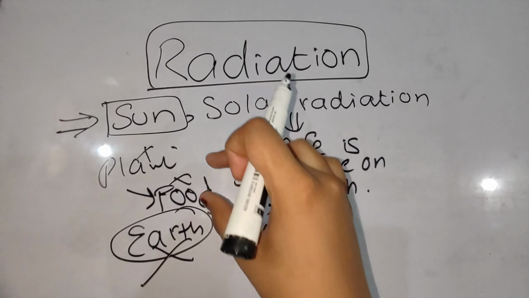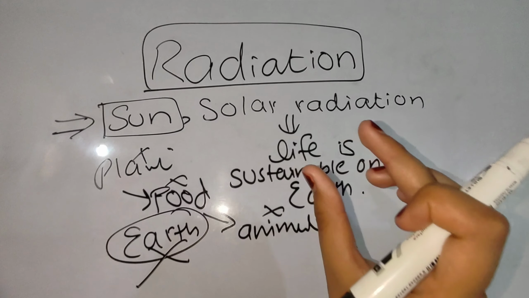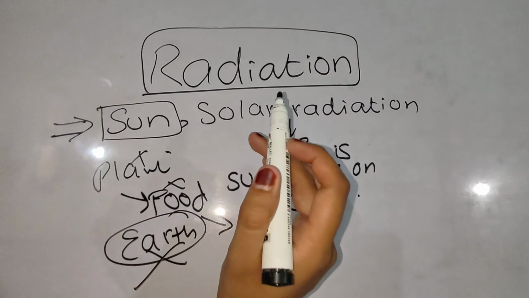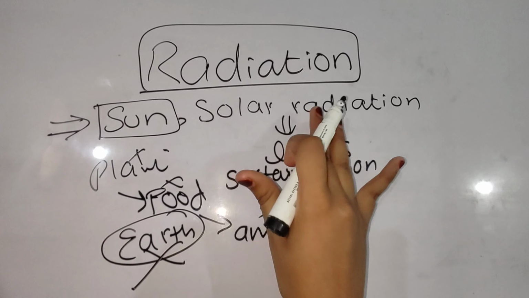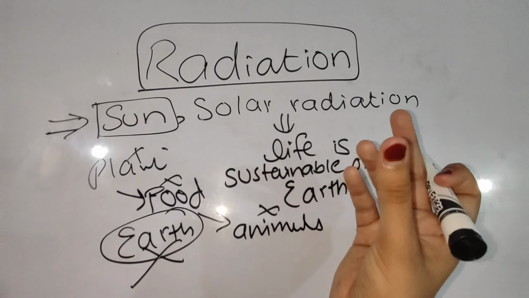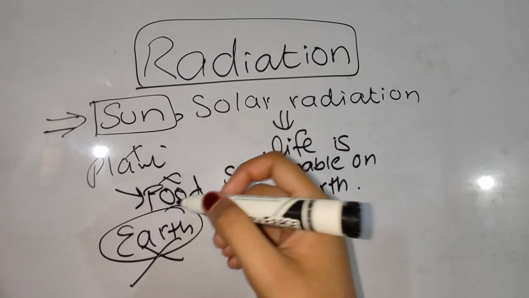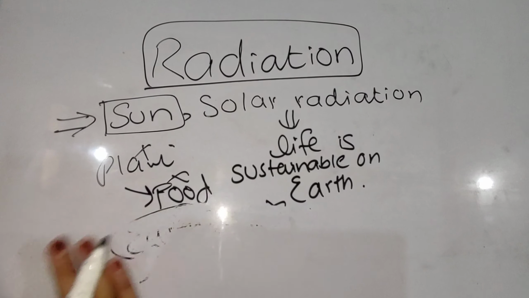Plants, food, and animals are also very important, but the primary source is obviously the sun. The solar radiations come onto the plant surfaces, the photosynthesis process starts, and everything goes normally, and that's why life is sustainable on Earth.